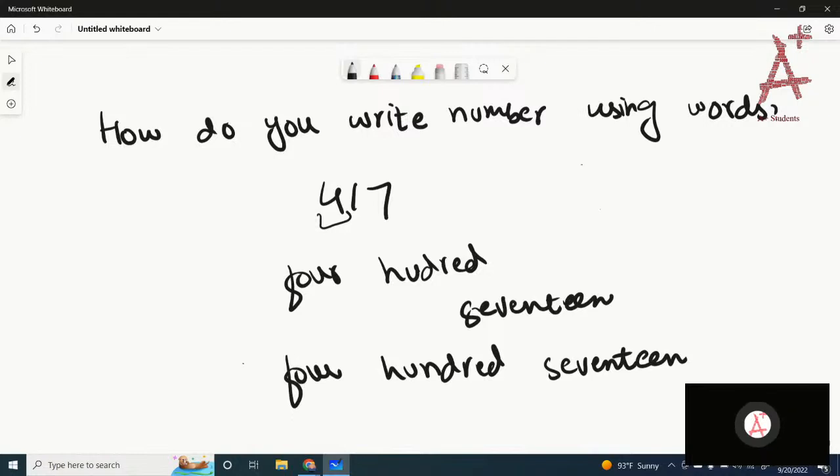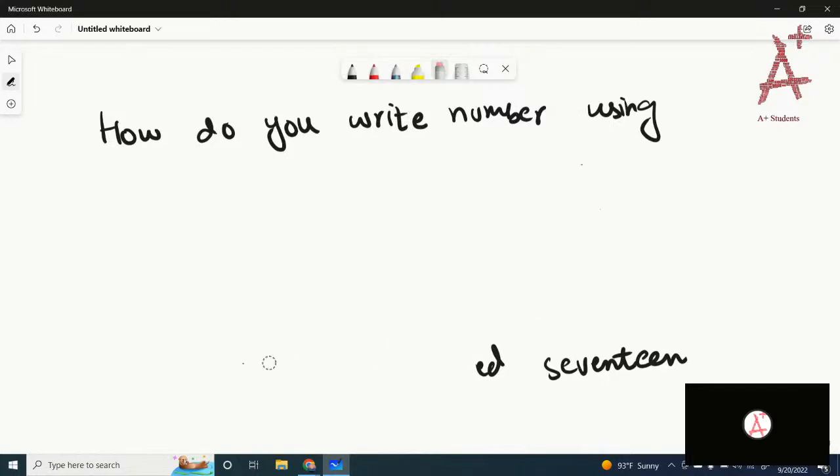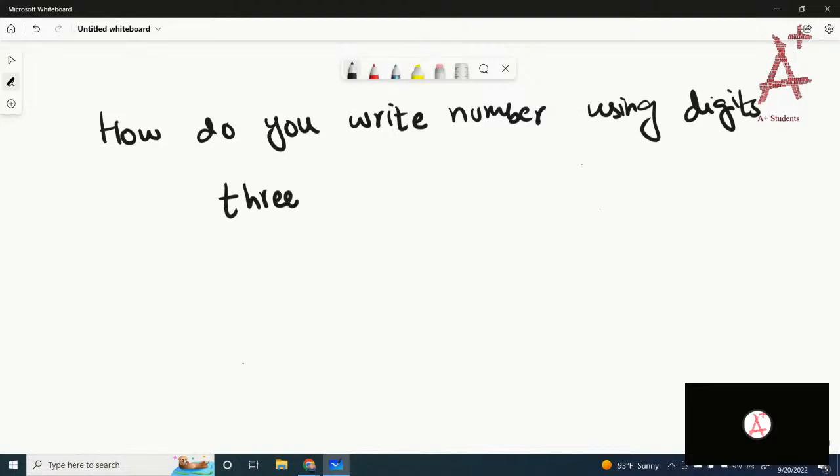How do you write this number using digits? So how do you write?